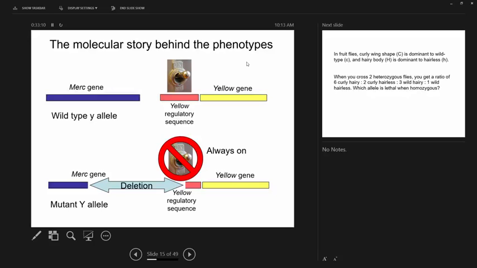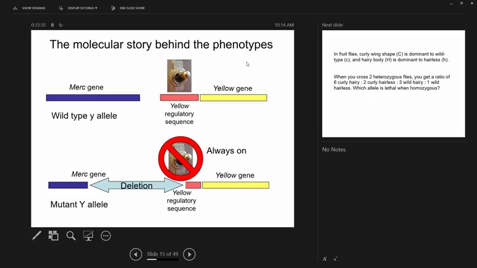There's a deletion. A deletion is when part of a chromosome, for whatever reason, has gone missing. Just like when we talked about in lab, you get the inversion where a piece comes out, flips, and goes back in, or the translocation where pieces of chromosome break and switch between non-homologous chromosomes.